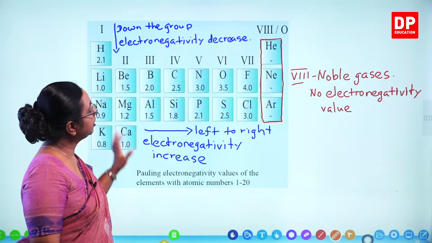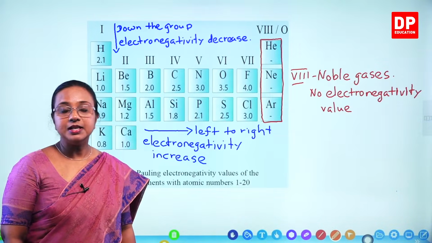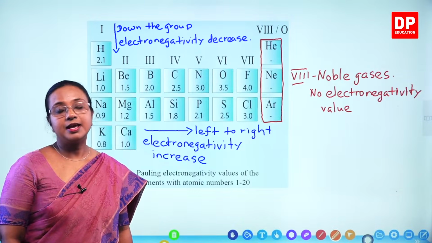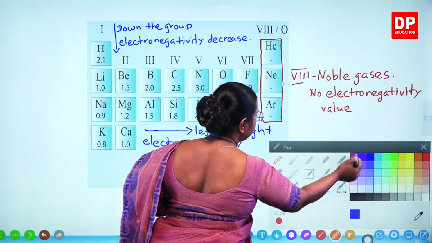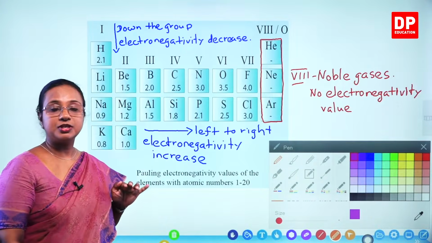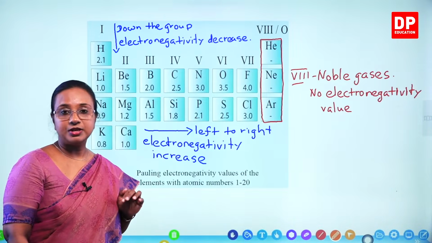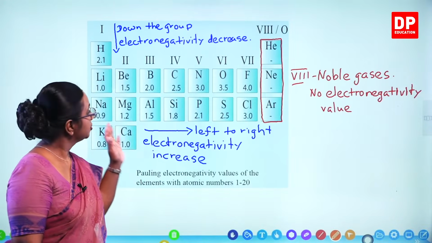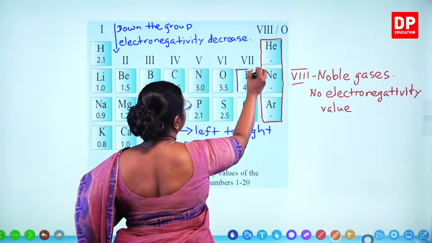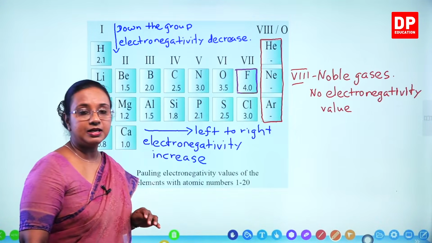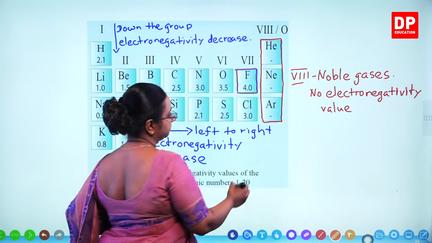So with that, if you look at all the values, what is the element that has the highest electronegativity out of all these? You can see along the period, electronegativity has to increase. Down the group, electronegativity will decrease. So therefore, if you look at all the values, fluorine is the element that has the highest electronegativity value.